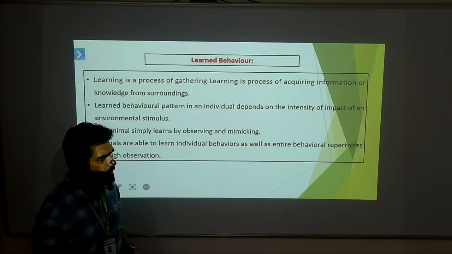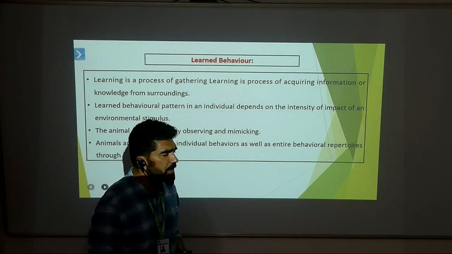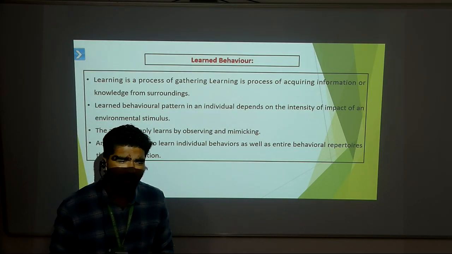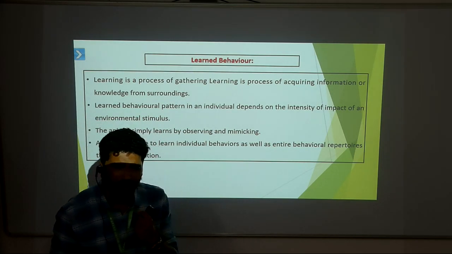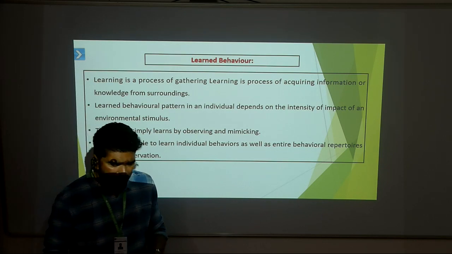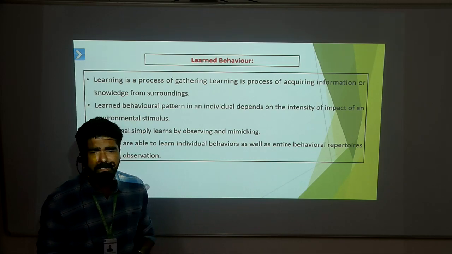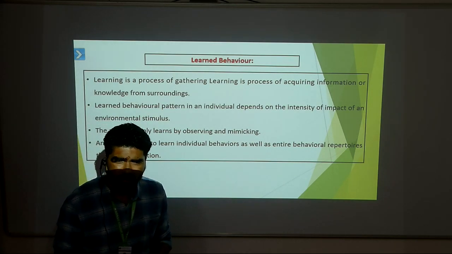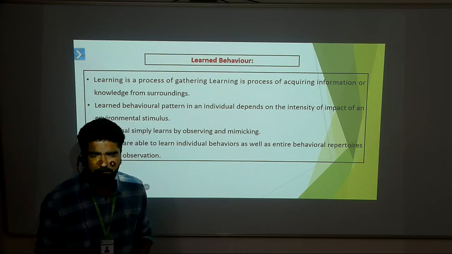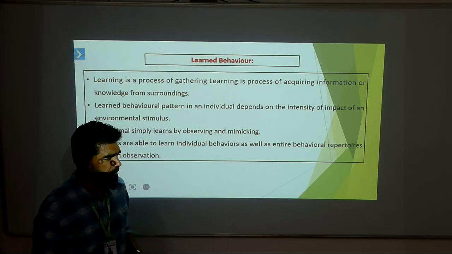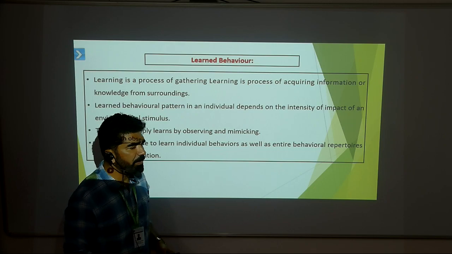The behavior pattern in individuals depends on the intensity of the impact of that particular environmental stimulus. Suppose the stimulus is against them, then they become motionless, or they escape from that area. They learn this process simultaneously. So this is learned behavior.